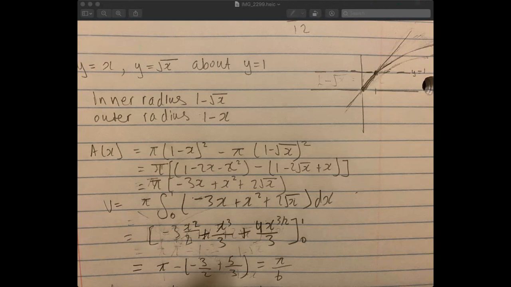The inner is 1 minus radical x, and the outer is 1 minus x, and it's minus 1 because it's rotating on y equals 1. So the volume is basically pi times the outer function squared minus pi times the inner function squared. And then when we simplify, we get 1 minus 2x minus x squared and 1 minus.